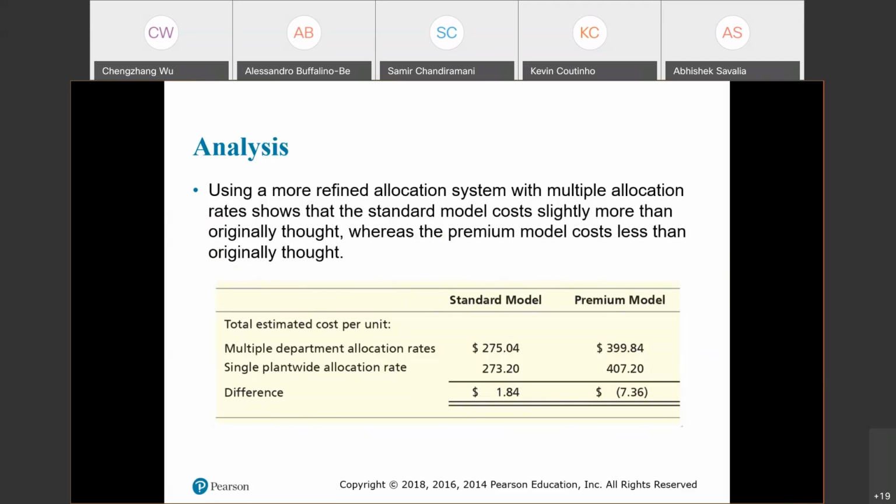Using a more refined allocation system with multiple allocation rates shows that the standard model costs slightly more than originally thought, whereas the premium model costs less than originally thought. The difference may not seem significant, but in today's competitive market, even a slight difference can have a big impact.